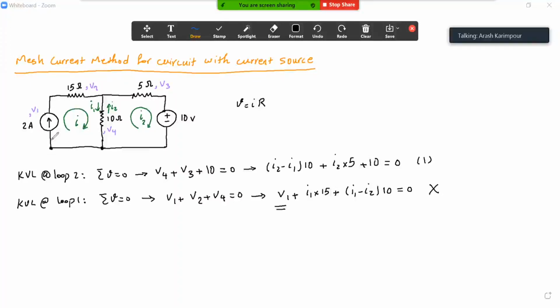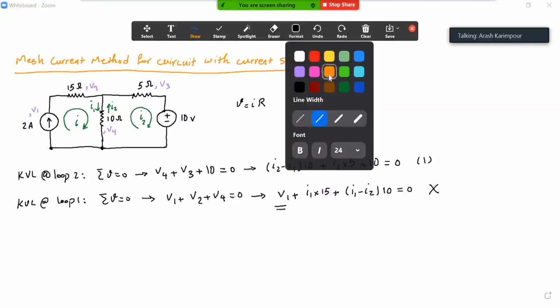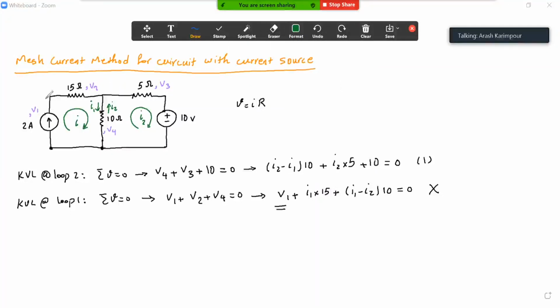For this other equation, what I can do is look at the I1 and look at here. So I know here is I1, so I know the current that goes here is I1. So the I1 goes in this loop. I know the current here is I1, and I know this current source already forces the current to be 2 amp. So this current source makes the current in this wire be 2 amp, and I know the current in this wire is also I1.